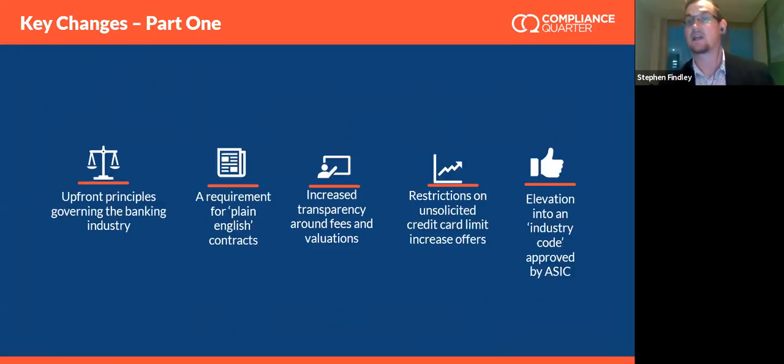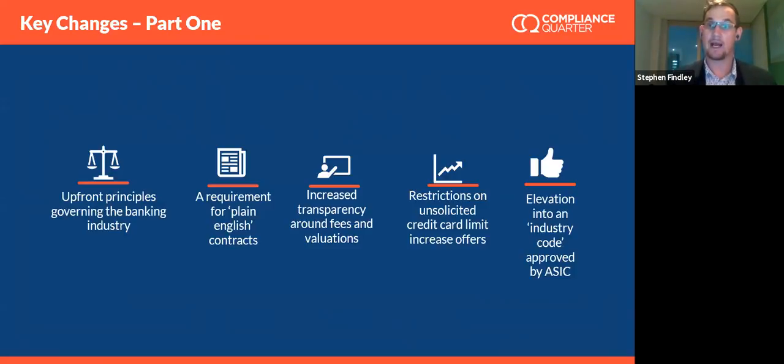Another element is the elevation into an industry code approved by ASIC. So that's the Australian Securities and Investments Commission. Prior to now, the code was a voluntary code created and administered by the Australian Banking Association, but it had no formal pedigree.